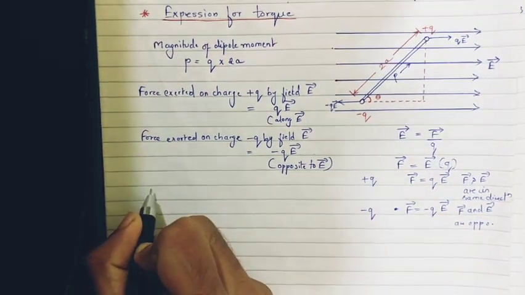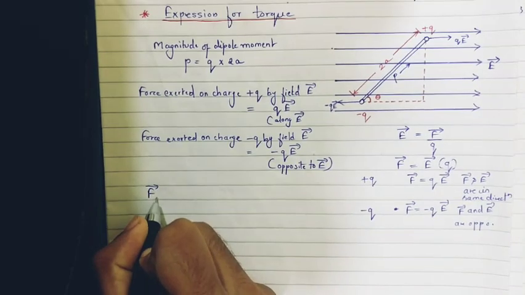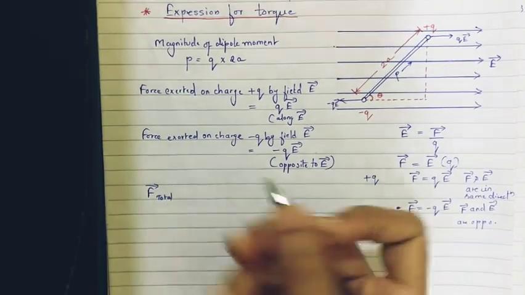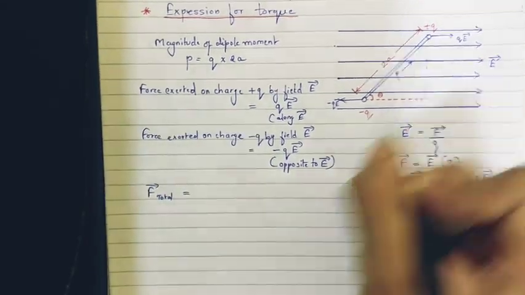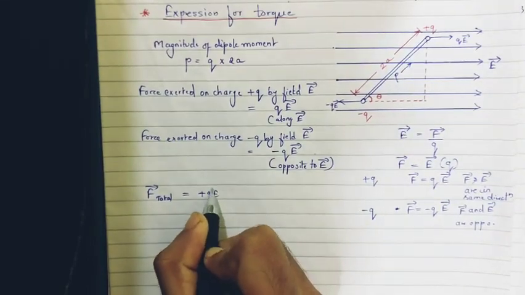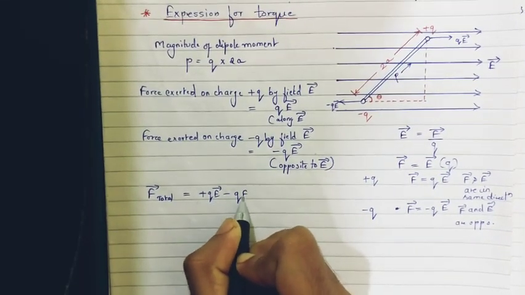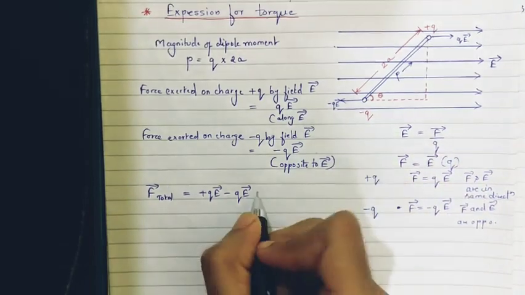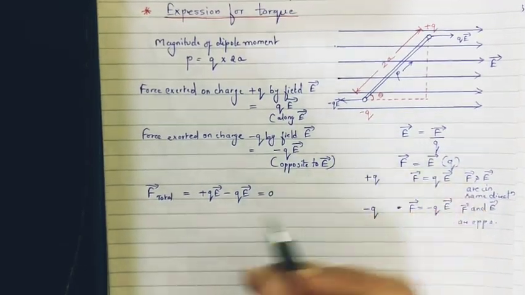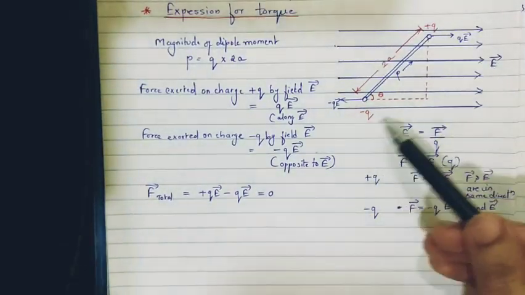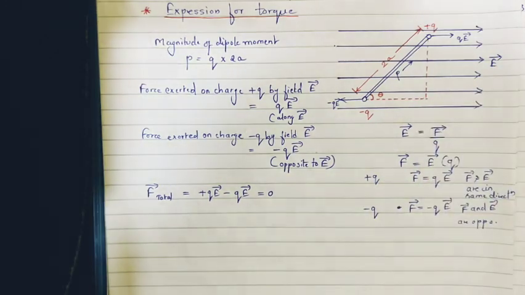So let's write down that step now. F total, or F net, will be equal to plus QE and minus QE. I'm just adding the two, and you see the net force, or the total force acting on the dipole, turns out to be 0.